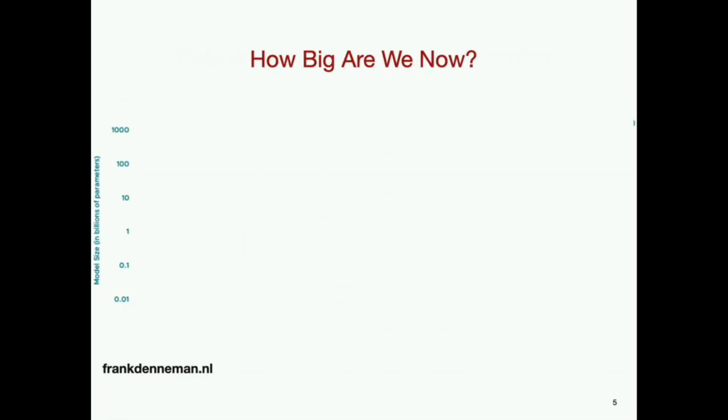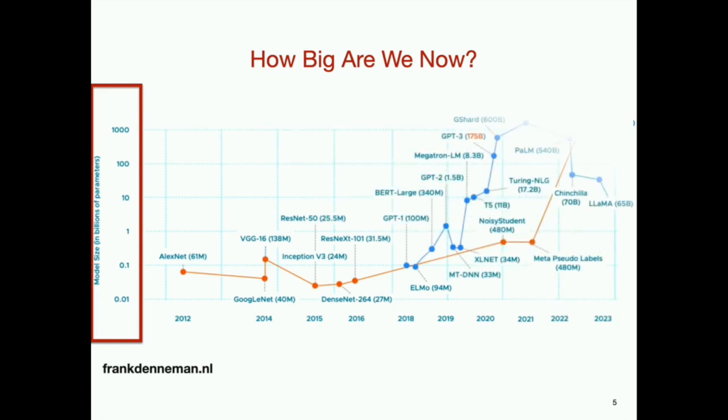However, if we look at the way that we have improved the accuracy of our machine learning tasks over the past couple of years, here I'm showing you the model size in billions of parameters, and the x-axis is years. Orange shows the size of the vision models from 2012 all the way up to 2023, and blue shows the size of language models.